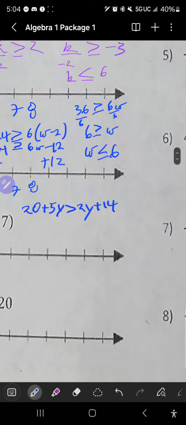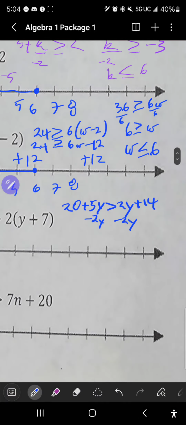and put all the integers on the other side. So we subtract 2y from here and 2y from here, and we also subtract 20 from here and 20 from here.